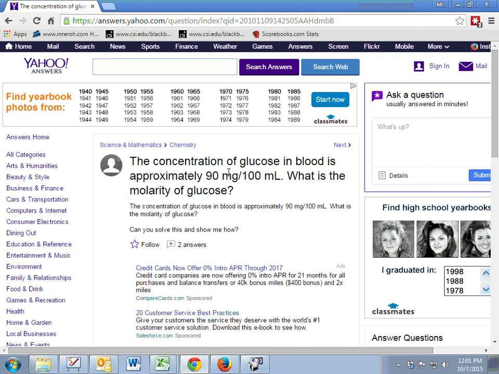You have 0.9 grams of glucose in a liter of water. 1 molar was about 180 grams of it, and this is 0.9 grams of it dissolved in a liter of your blood. So it is about 0.01 molar. So most of your body is very diluted.